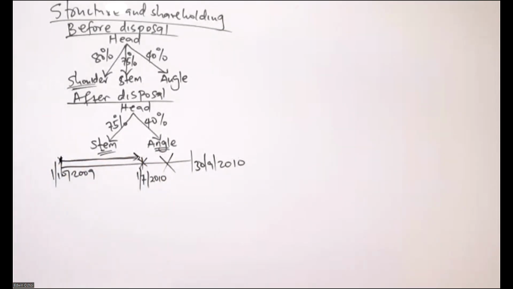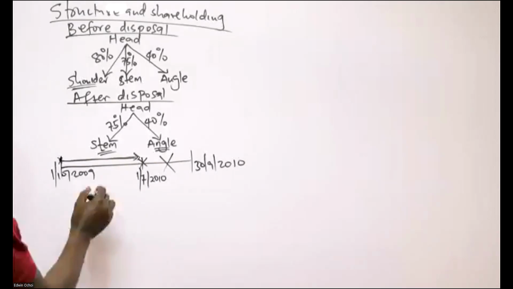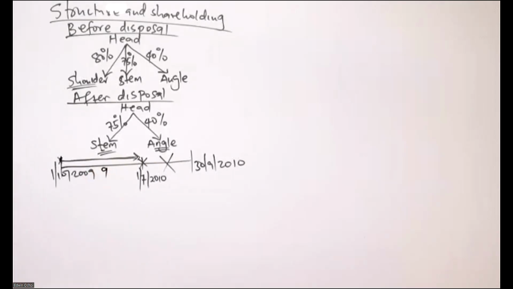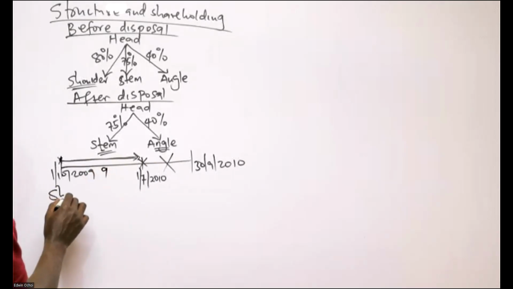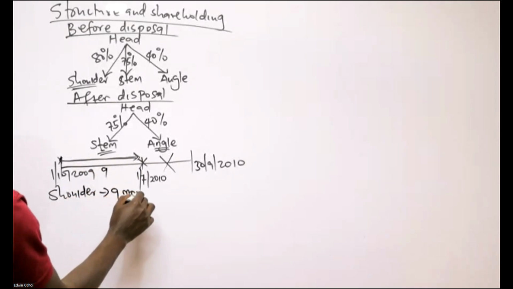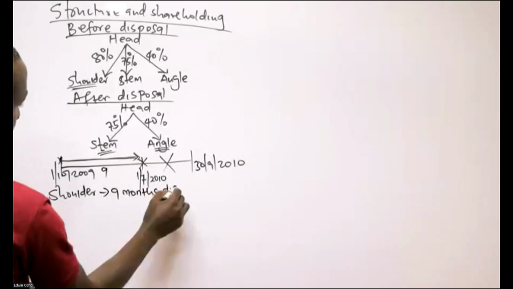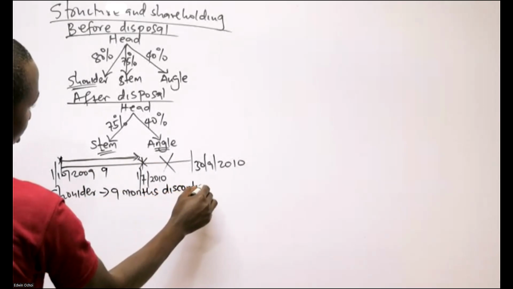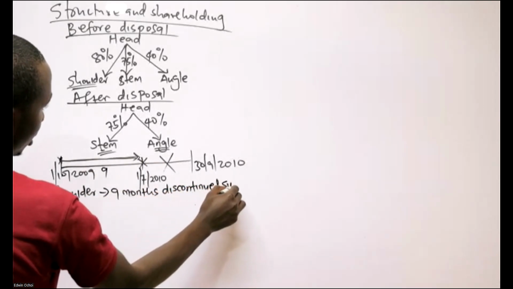How many months are those? 3 plus 6, 9. So you say Shoulder is a 9 months discontinued subsidiary.